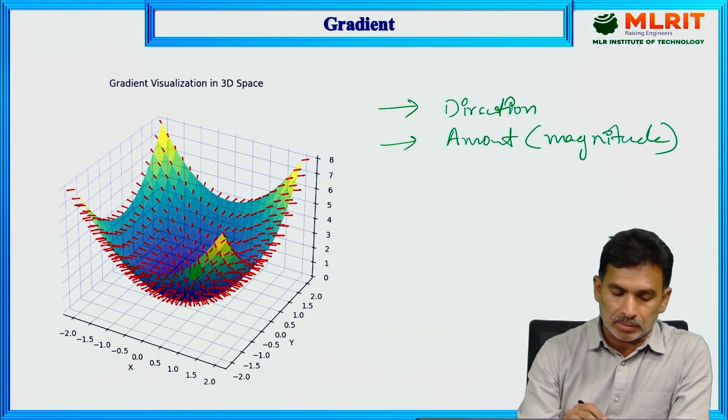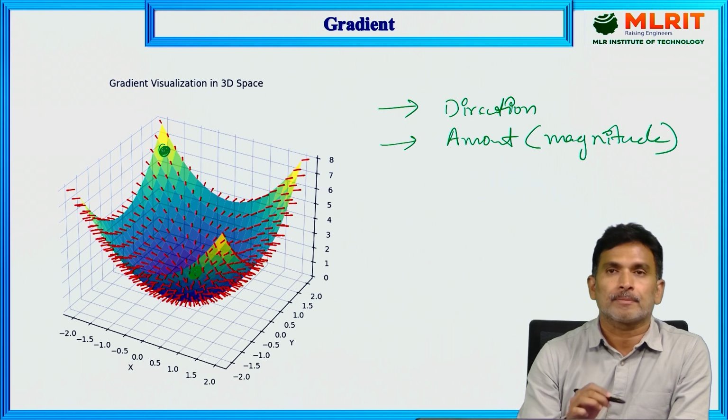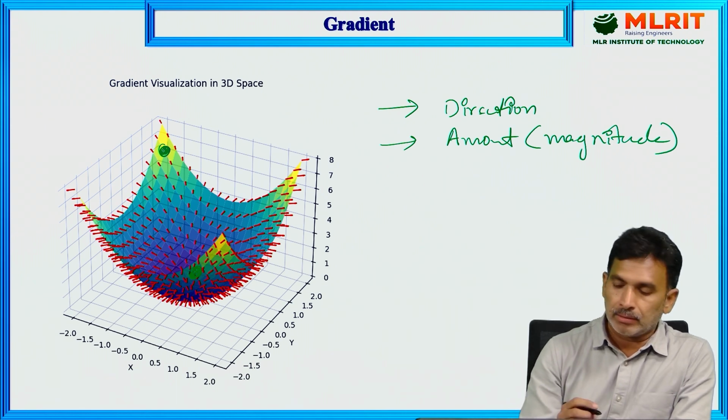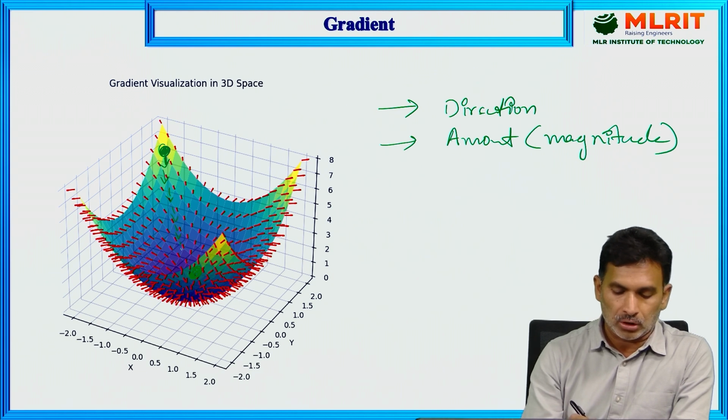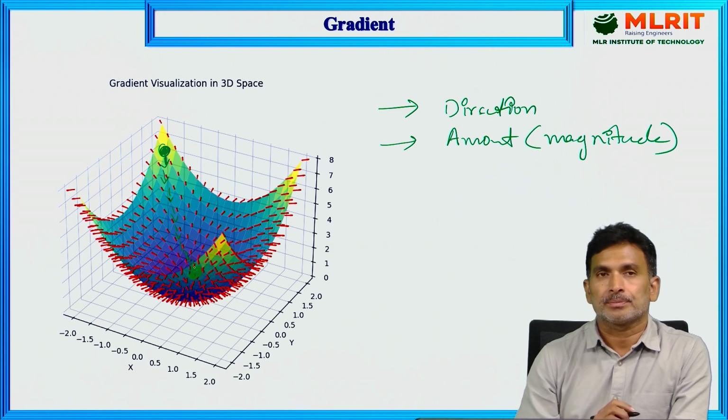Suppose you have started randomly from this point, then based on this gradient we have to always select the direction and amount. In every iteration, until we reach the optimal solution.